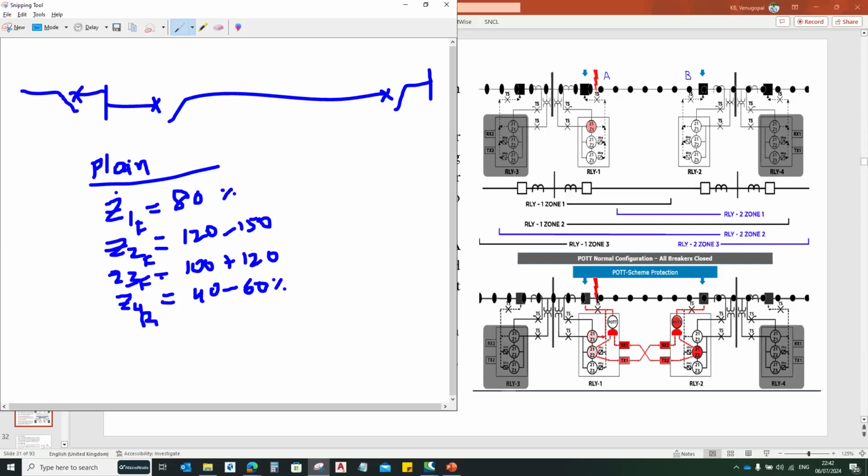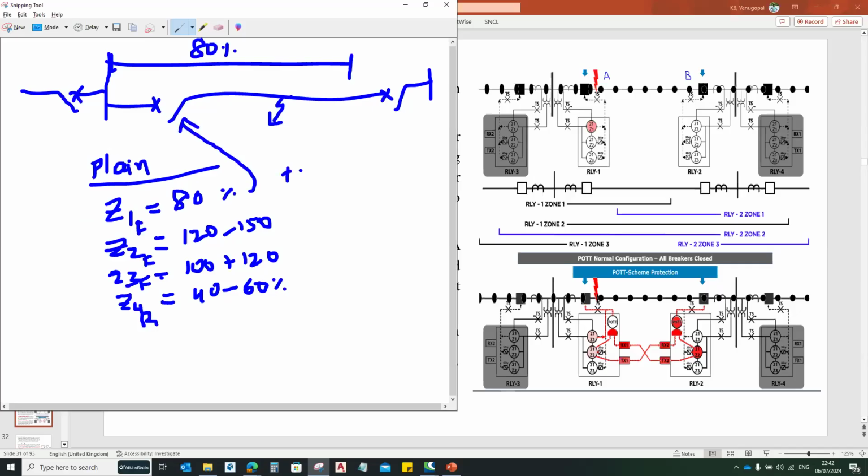Now the plain distance scheme is nothing but, for example, the fault happened here, if you consider the 80%. As the fault is within the protected zone, zone 1 will operate and it will give an instantaneous trip to the circuit breaker.